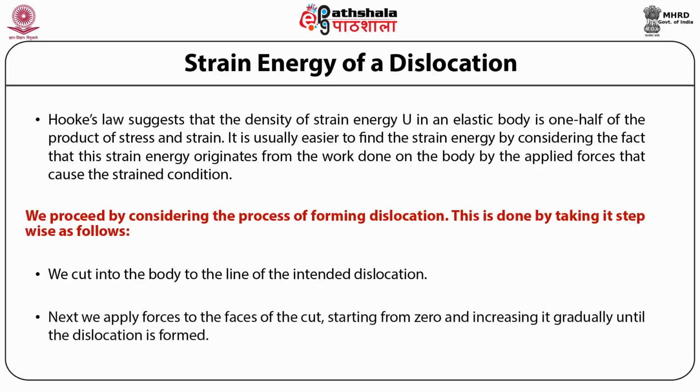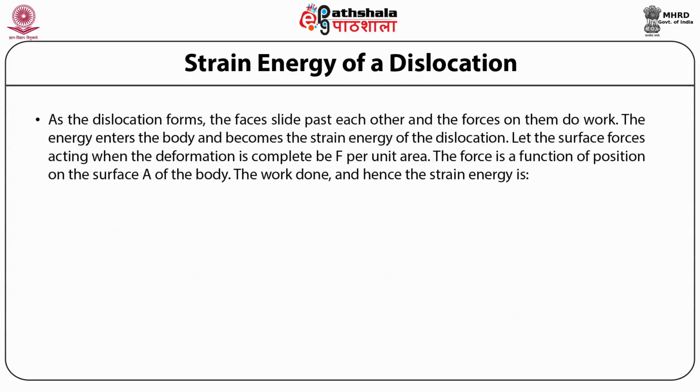Next, we apply forces to the faces of the cut starting from zero and increasing them gradually until the dislocation is formed. As the dislocation forms, the faces slide past each other and the forces on them do work. The energy enters the body and becomes the strain energy of the dislocation.